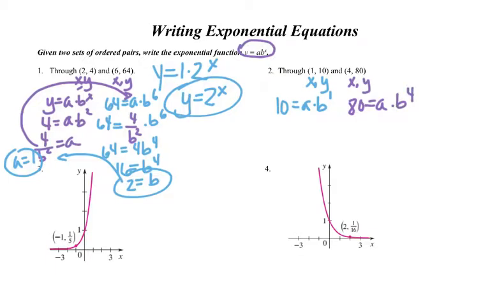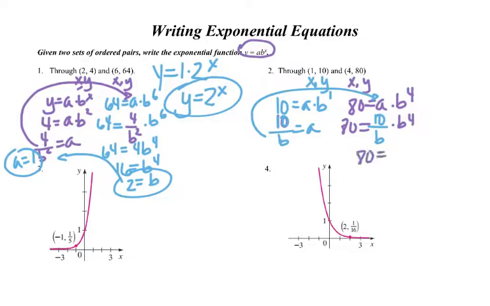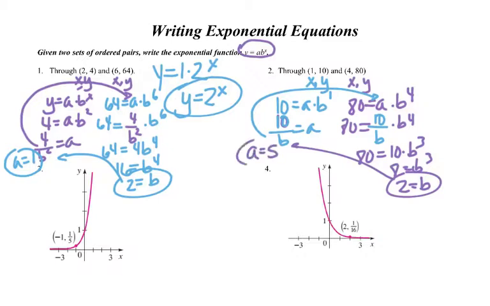So I can solve this for a: 10 over b equals a, and then that'll get plugged in here, 10 over b. So it's just substitution, really, a times b to the fourth, right? So 80 equals 10 times b cubed, so 8 is b cubed, so b is, right, 2. And then if I plug 2 back in here, 10 divided by 2 is 5.